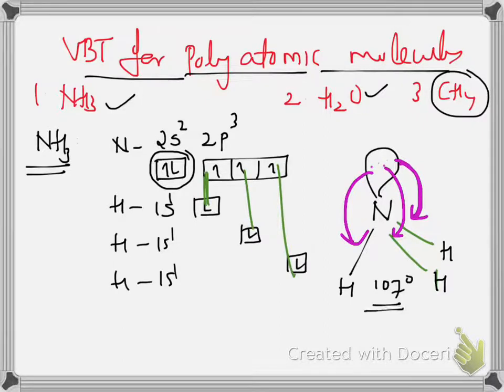This bond angle is also reported in VSEPR theory. VBT clearly explained how 3 sigma bonds are formed in ammonia between nitrogen and 3 hydrogen atoms.